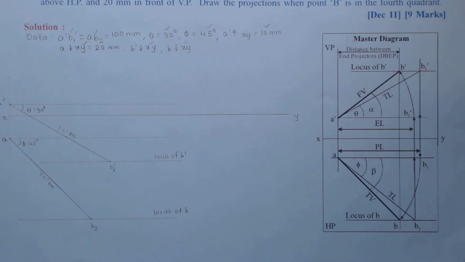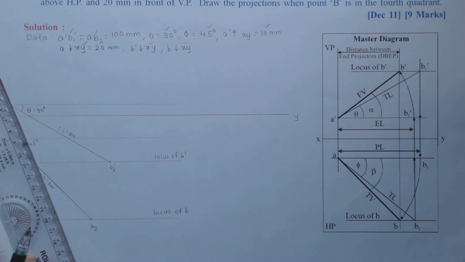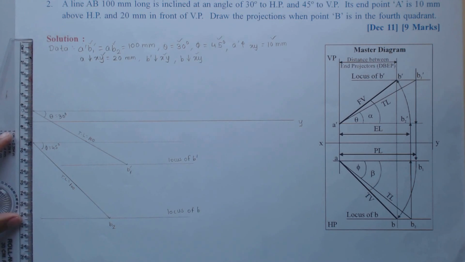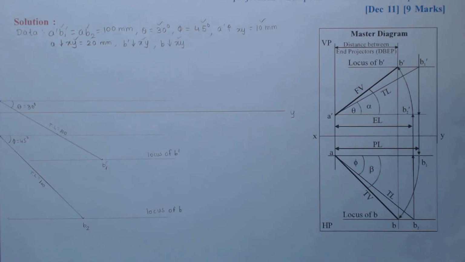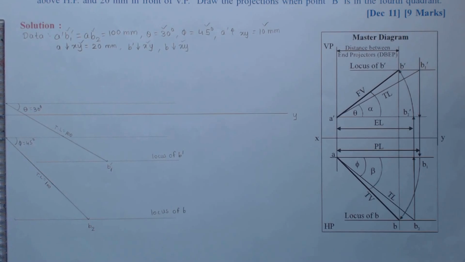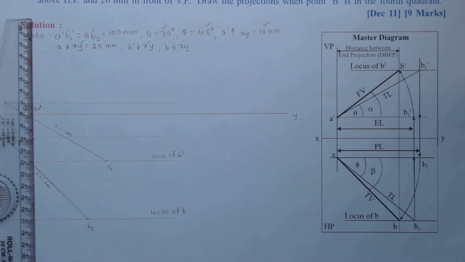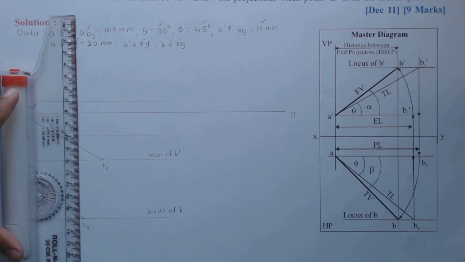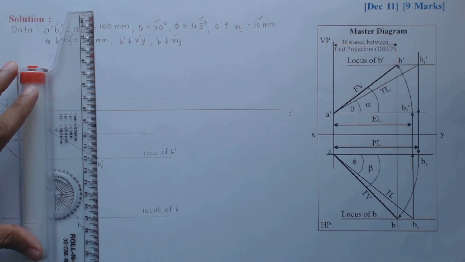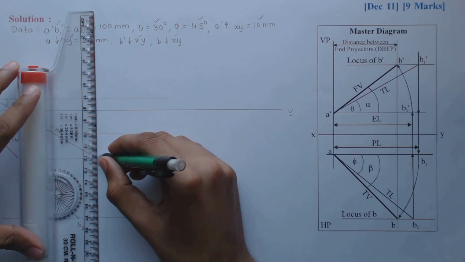So I'll follow the same method. From B1 dash, I'm dropping a vertical projector up to a horizontal line passing through A, and obviously that line should be exactly vertical. So be careful while drawing the parallel lines.